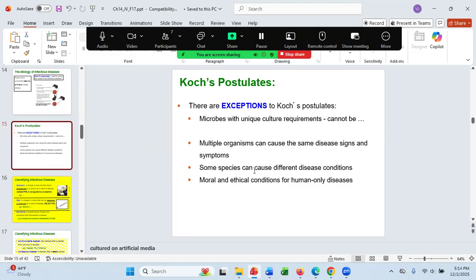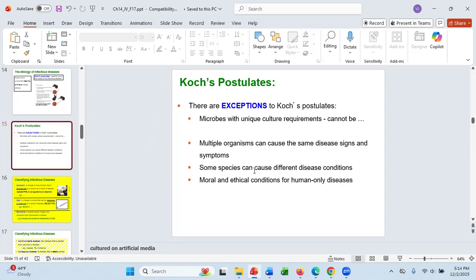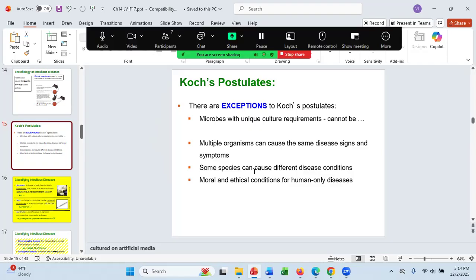And then there's some species which cause different disease conditions, like Salmonella. I think it's more than one Salmonella, but Salmonella typhi can cause salmonellosis, which is a gastrointestinal disease, but it can also cause, oh gosh, let me see what this name is. Is it typhoid fever?